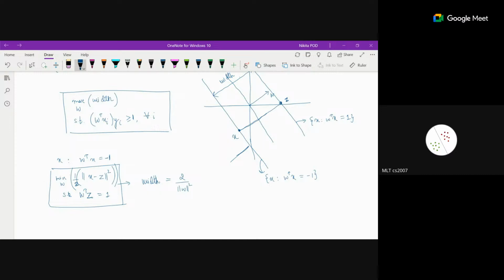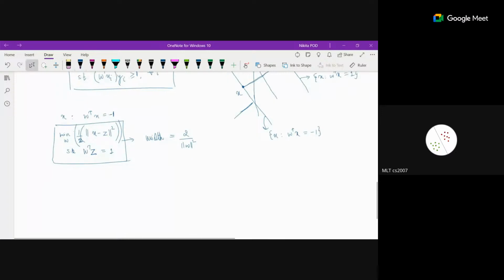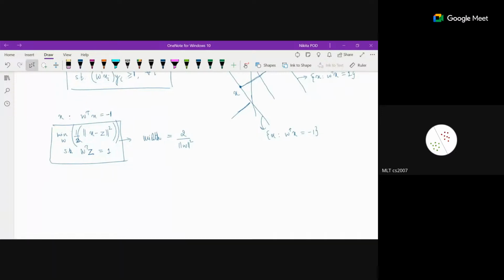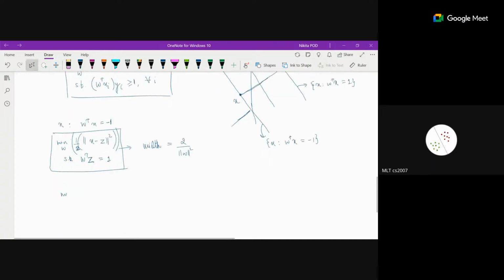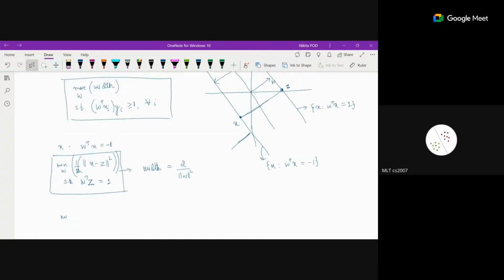Now my original optimization problem can be formulated as follows. This was a max, right? We wanted to maximize this width.